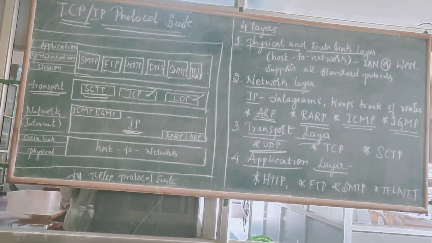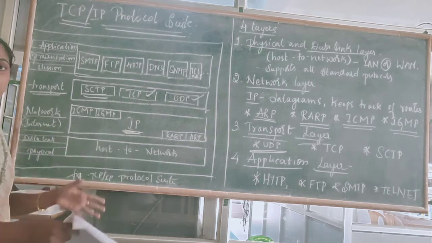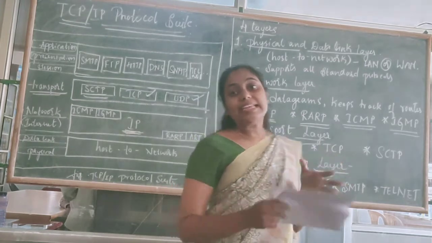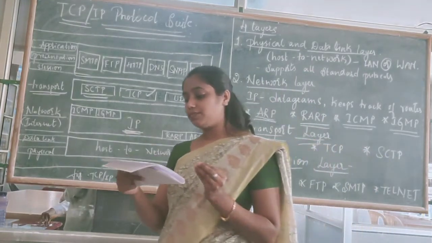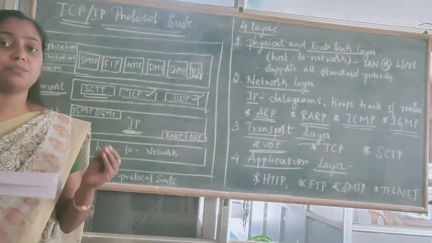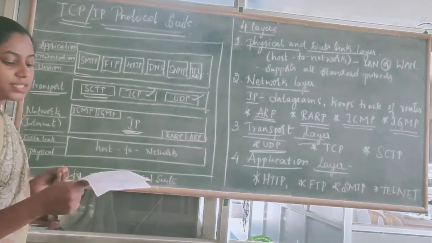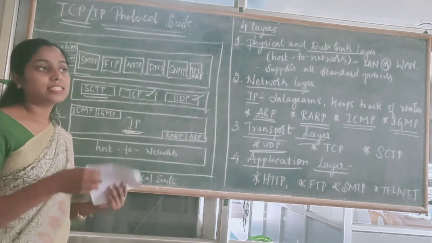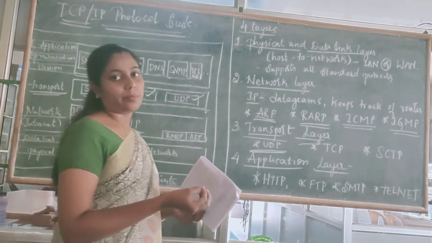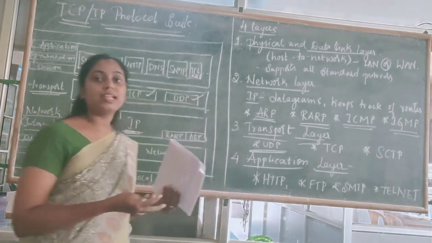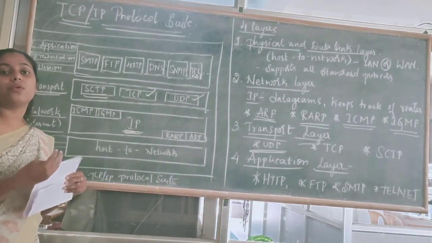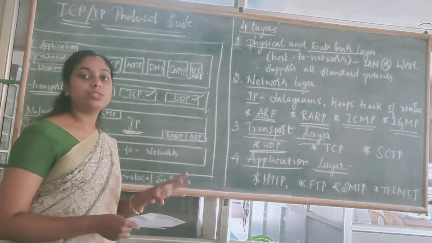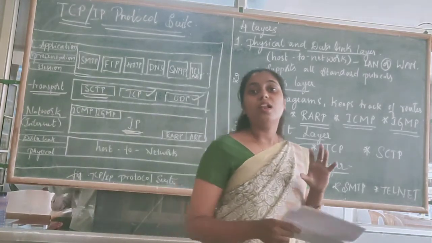For the data which is being sent from the sender to the receiver, it adds different information like port address, checksum, error control and length of the data. This kind of information is added to the data so that the message moves without any error.